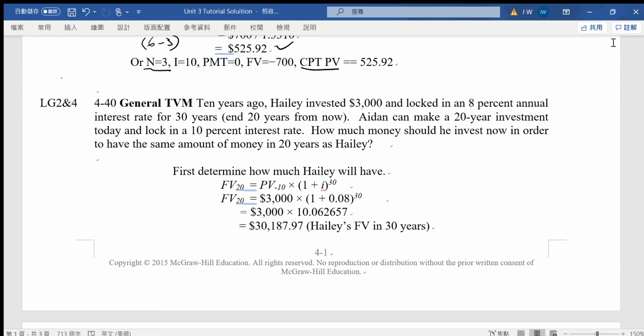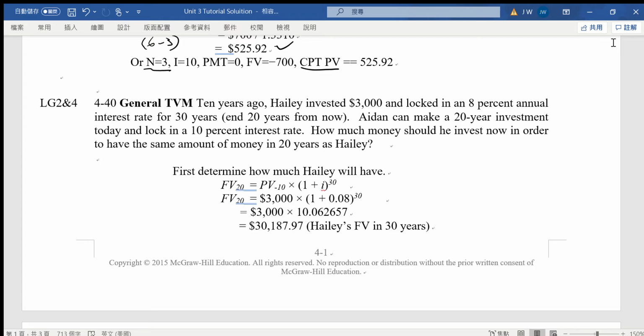Another person, Agent, can make a 20-year investment today and lock in a 10% interest rate. How much money should be invested now in order to have the same amount of money in 20 years as Haley?